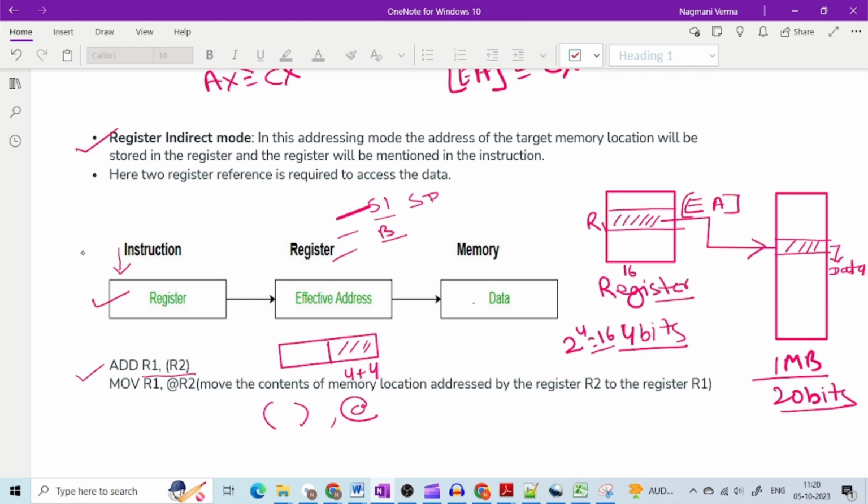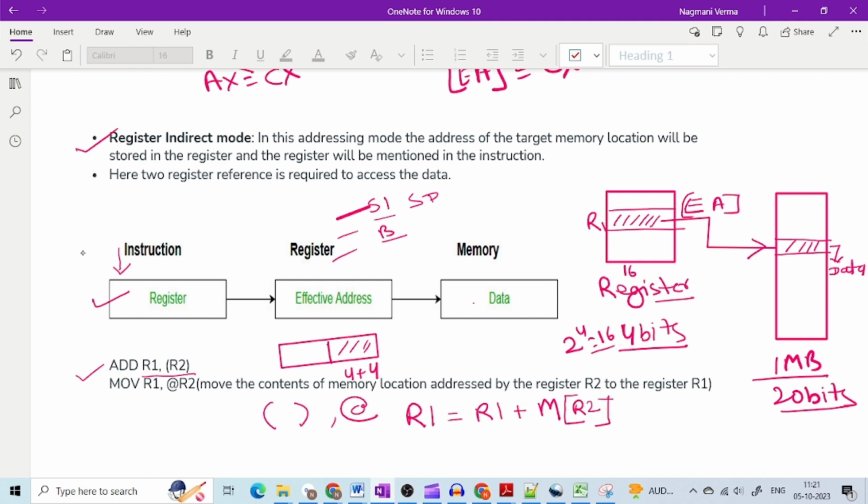So you see here what is happening. Add R1 comma R2. What it is doing is R1 equals R1 plus memory of R2.